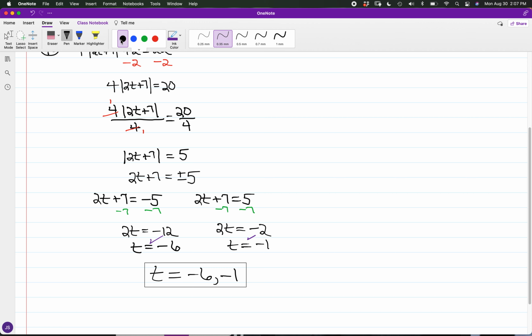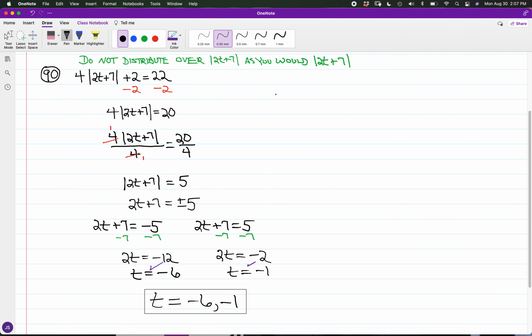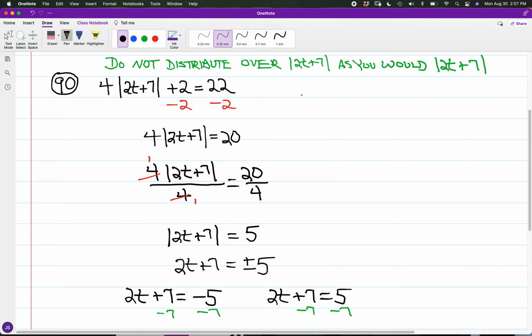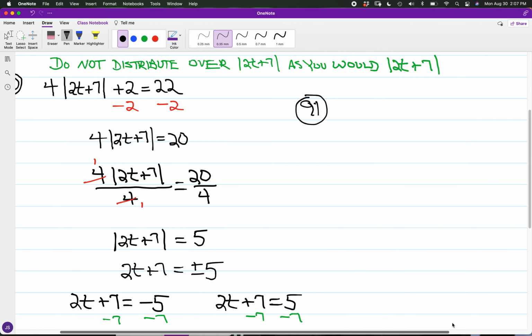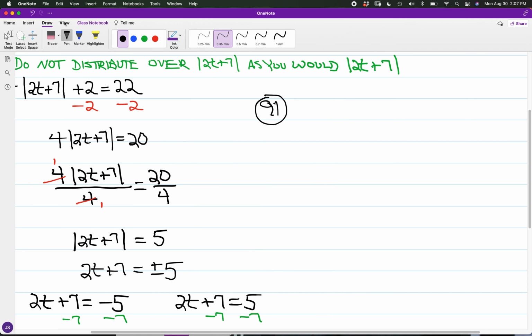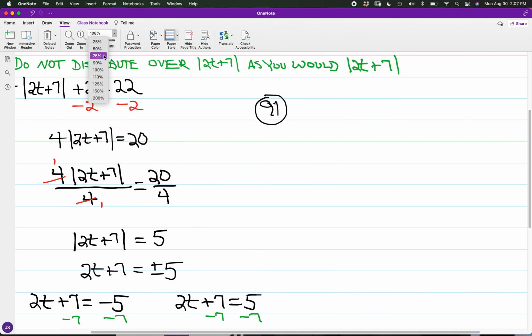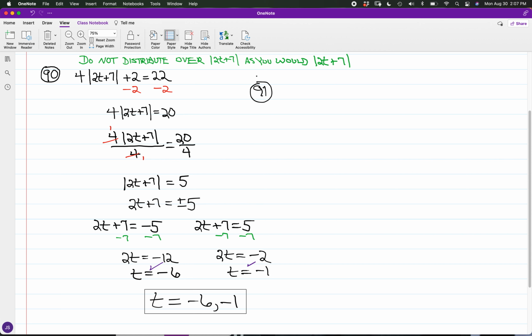Now for what we have in the case of number 91, we're going from solving for t to solving for the variable c. In this setup, we have that negative 3 is equal to the negative of the absolute value of c minus 7 followed by the addition of 1.